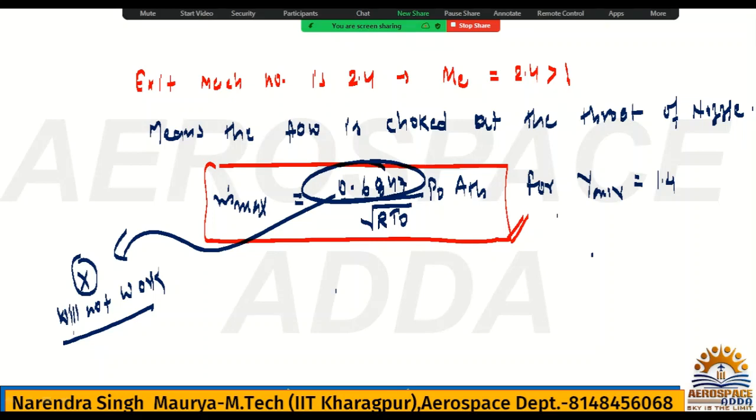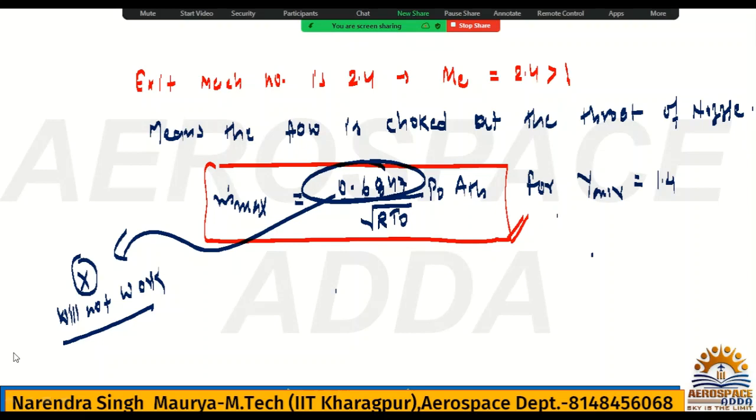If you remember the mass flow rate in terms of Mach number, or the non-dimensional mass flow rate, that was given in terms of gamma, and the maximum mass flow rate you can write from that. Otherwise you need to derive this.